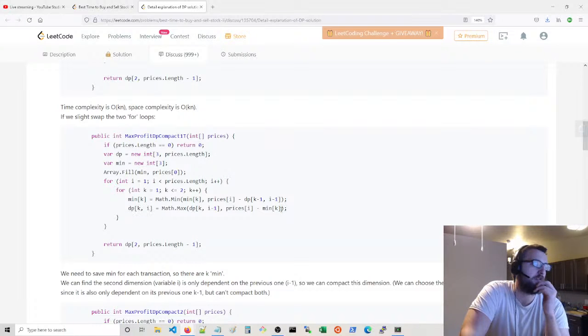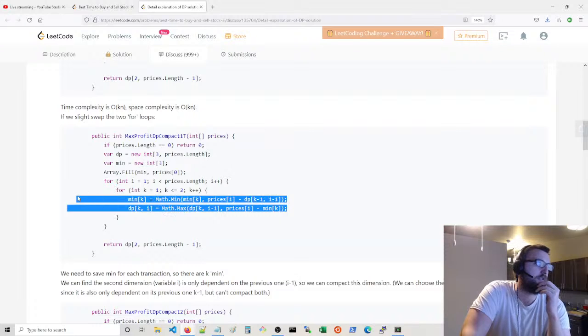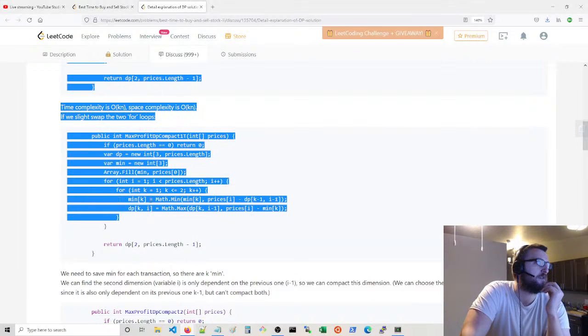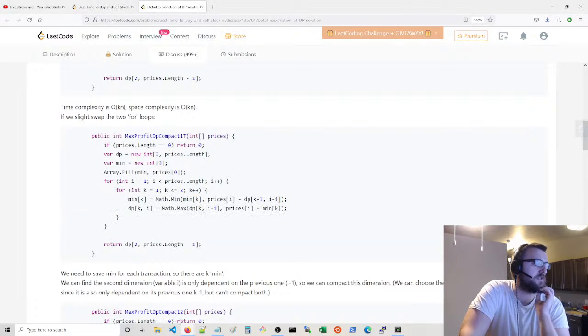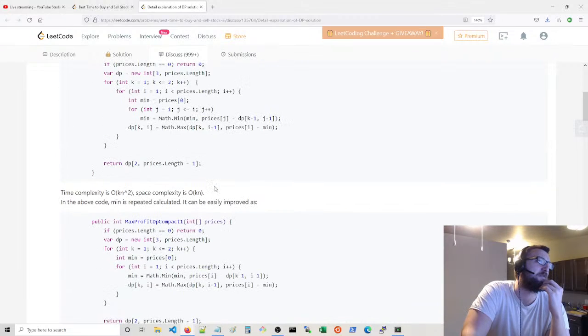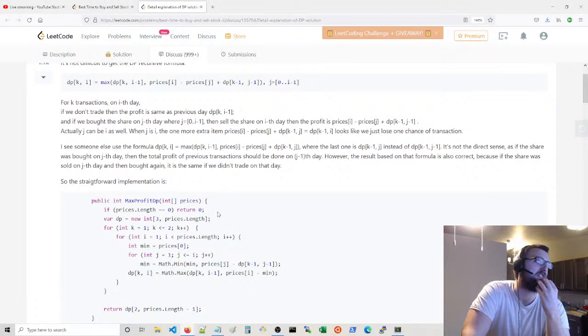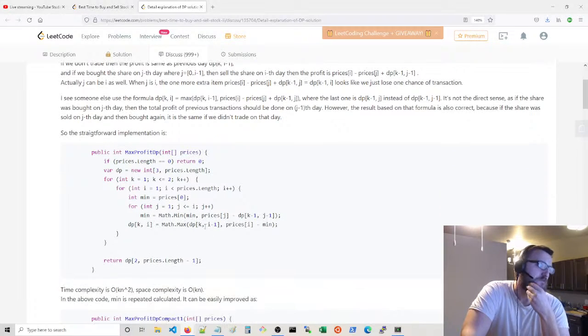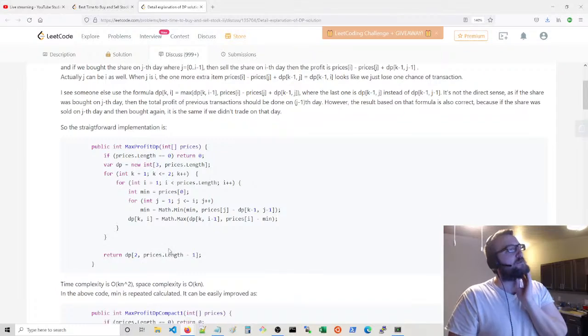And then you update dp. So I guess this is supposed to be this way. So this is kind of interesting, but it's not the most obvious or intuitive thing here. This is like, oh man, make your head hurt. Yeah, so it's supposed to do that. That's the tricky part. It's supposed to do that.